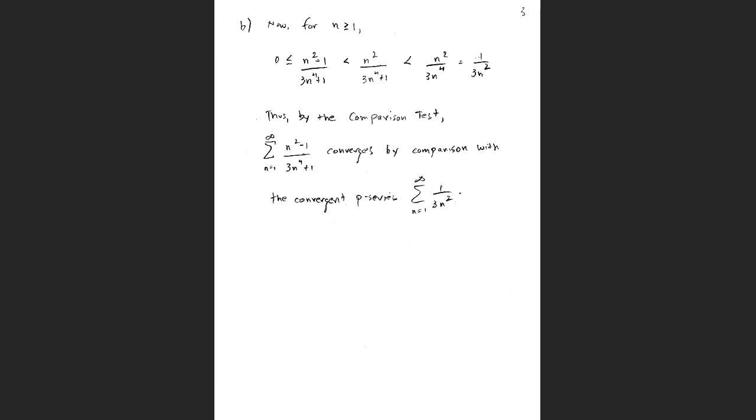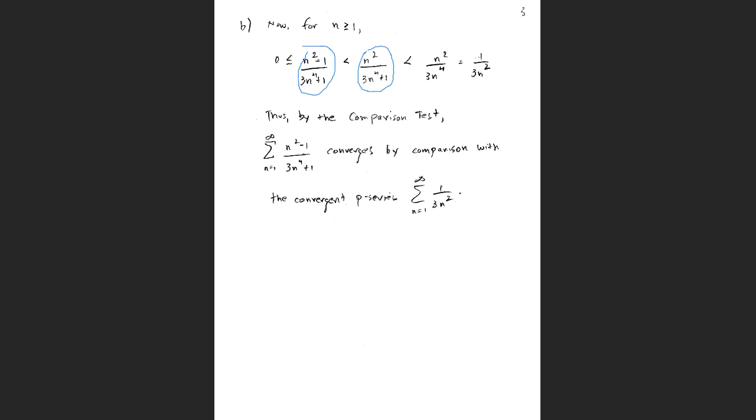And n squared minus 1 is less than n squared in the numerator. So this means that n squared minus 1 over 3n to the 4th plus 1 would have to be less than n squared over 3n to the 4th plus 1.